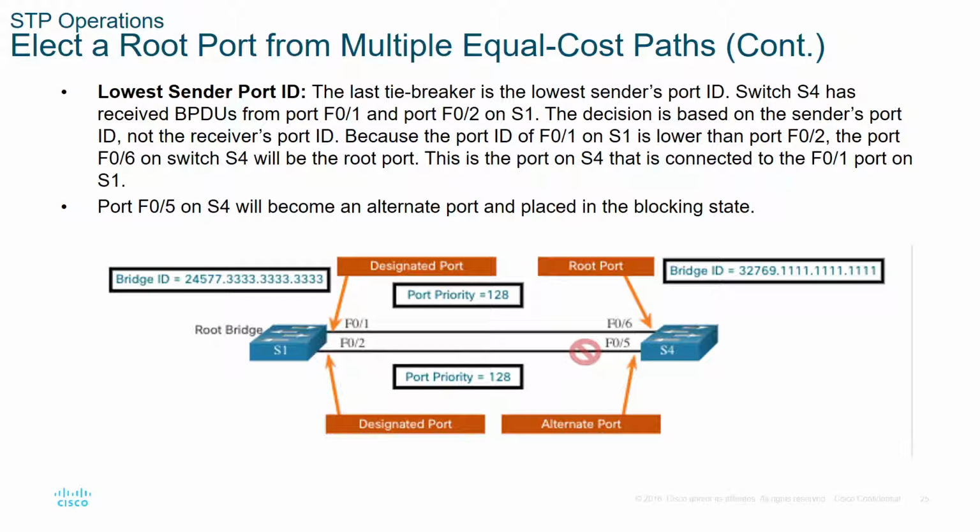Although it is based around costings which are to do with speed, and you might think that's great, if you don't get the root bridge correct in the first place, then you're not necessarily going to be utilizing the best speed and the best main trunk out of or into the network.